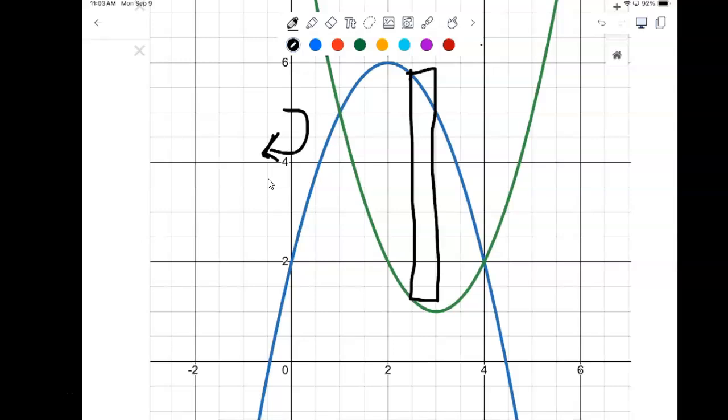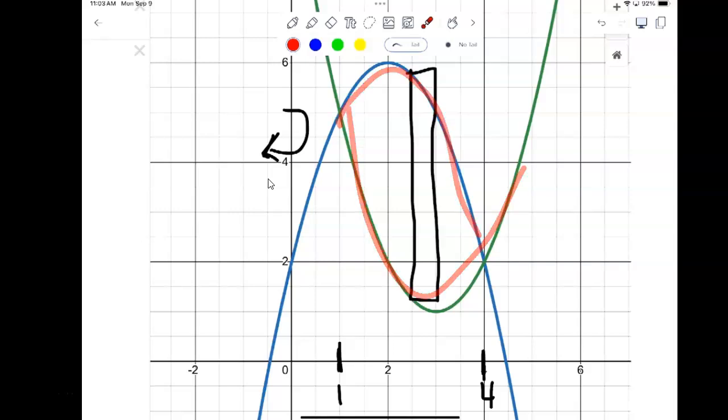And of course, we need to know our intersection points here. We can solve those algebraically, but we can see graphically this is just going to be between 1 and 4. So this time we're dealing with the second scenario where we have a top function and a bottom function.